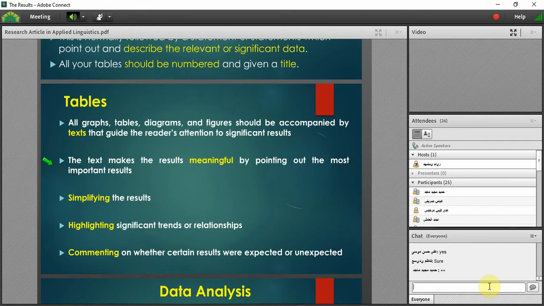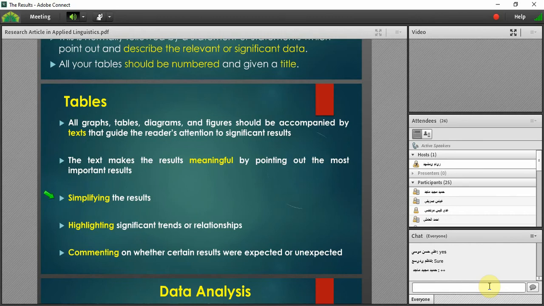When you use the text, you are going to simplify the results. You want to highlight the significant trends or relationships, and you just comment on whether the results were expected or unexpected. Remember, we do not need any discussion, elaboration, or justification for the findings.